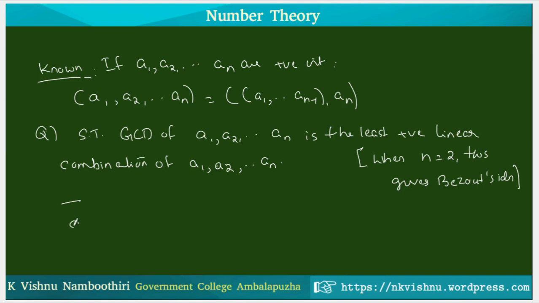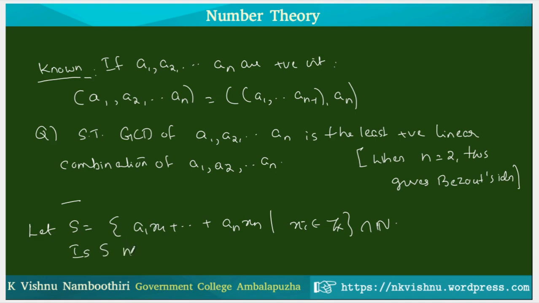So we will consider, let S be the set of all positive linear combinations a1x1 plus etc. plus anxn, where xi belongs to the set of integers, intersected with the natural numbers. The first question is: is the set non-empty?